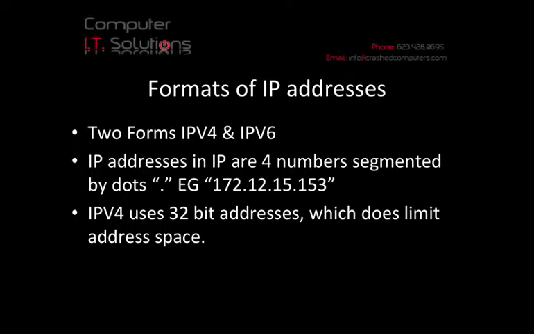Rather than just 4 segments of numbers separated by dots, it's going to be groupings of characters separated by colons, and it uses hexadecimal, which means it's going to have numbers and letters combined that are going to equal a particular value. We'll definitely talk about that later as we get into it.